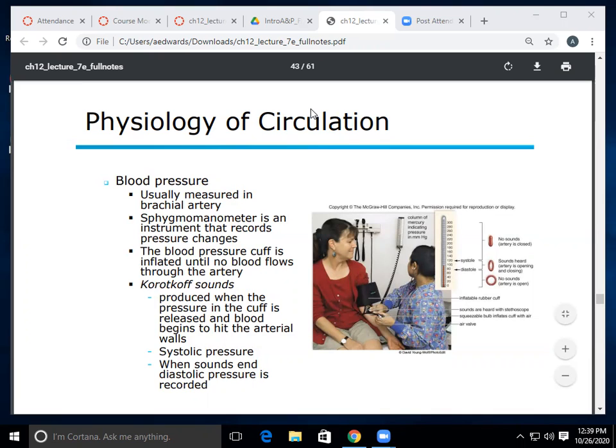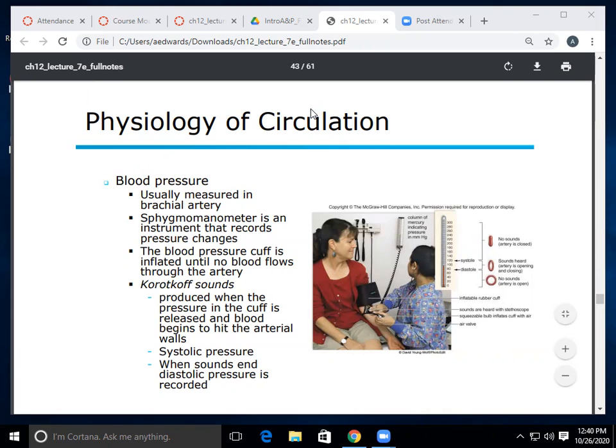So it's an instrument that records changes in blood pressure. Your blood pressure cuff gets inflated, right? You press it and it inflates till there's no blood flow through that brachial artery. And you start hearing what we call Korotkoff sounds. And these are produced when the pressure in that cuff gets released.